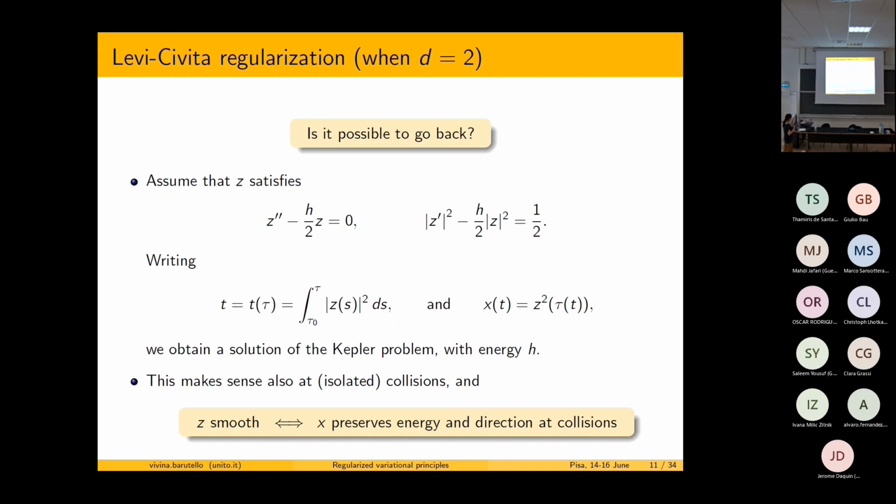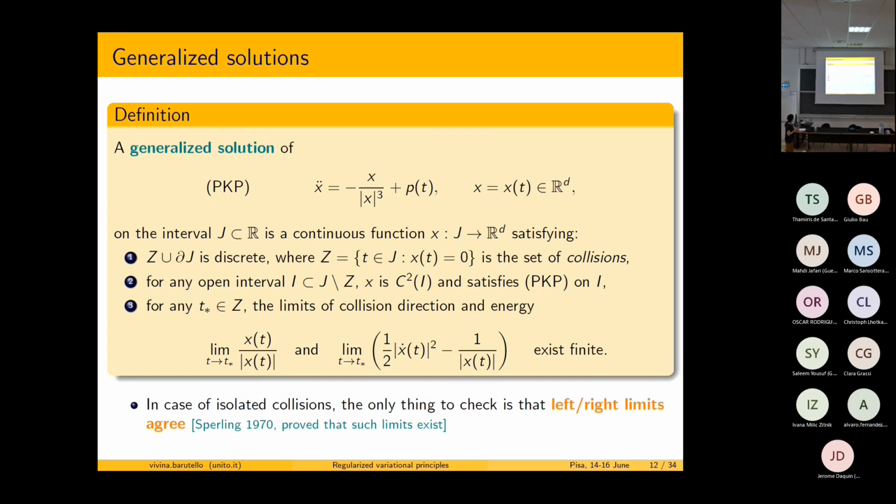Okay, here it's a little bit simplified, but this is the idea. And this solution that you find now has also a meaning when an isolated collision occurs. In particular, if z is smooth, then x preserves both the energy and the direction of collisions. It is exactly the picture that I showed you, but this is also behind this regularization.